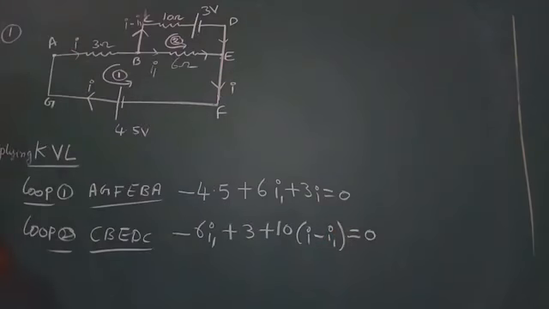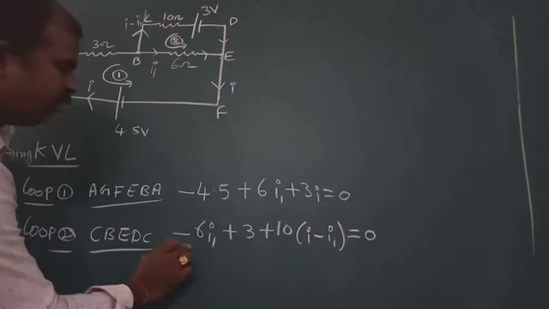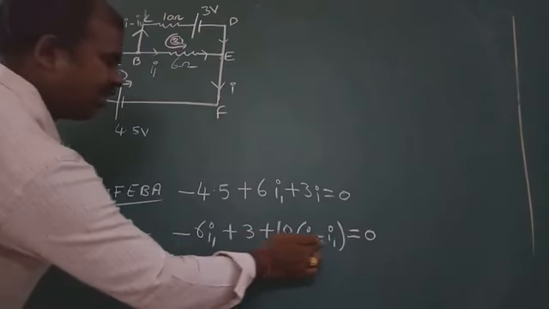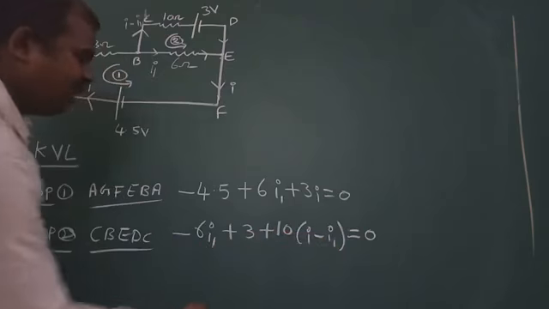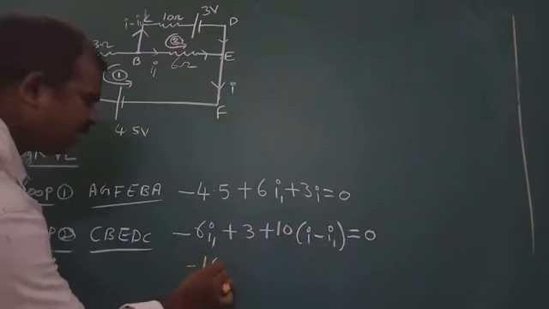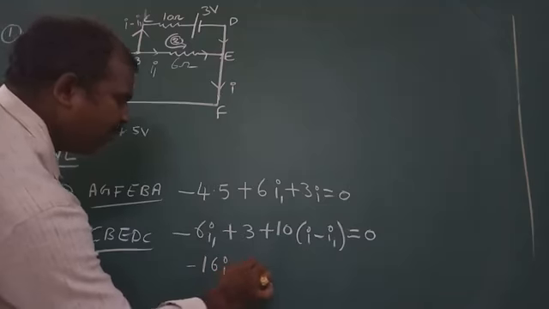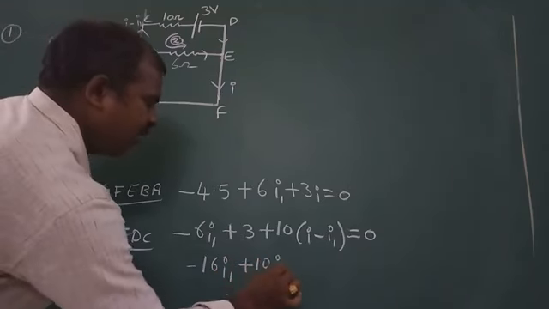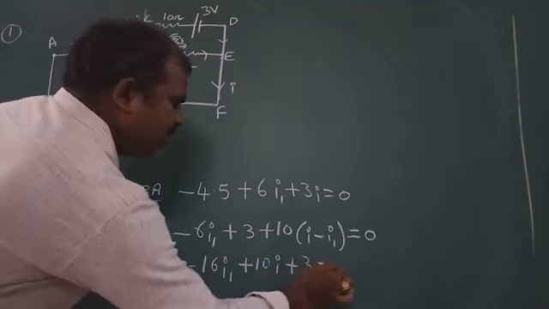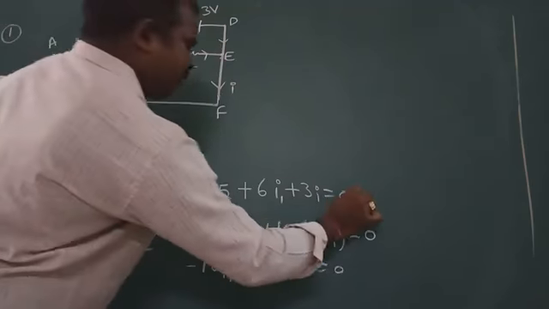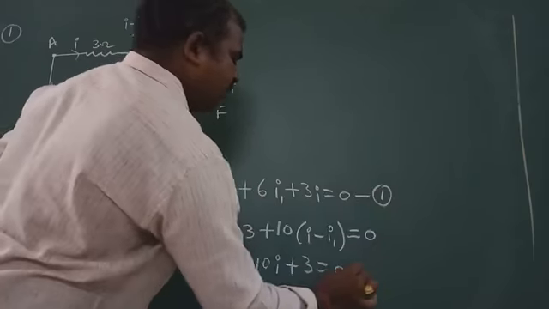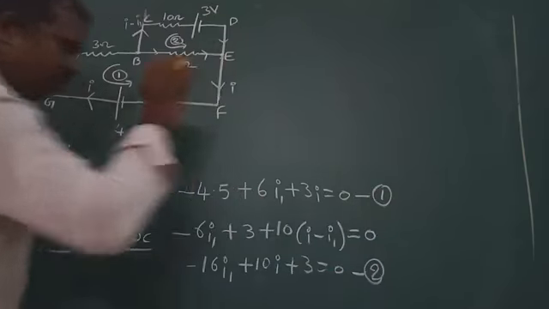These are two unknowns and two equations. From the first loop, minus 4.5, and here we can write minus 6I1 minus 10I1, that is minus 16I1 plus 10I plus 3 equals 0. This is equation number 1, and the other is equation number 2.